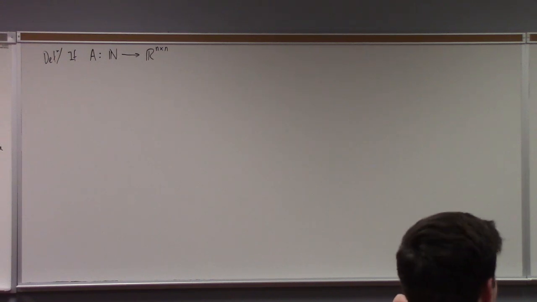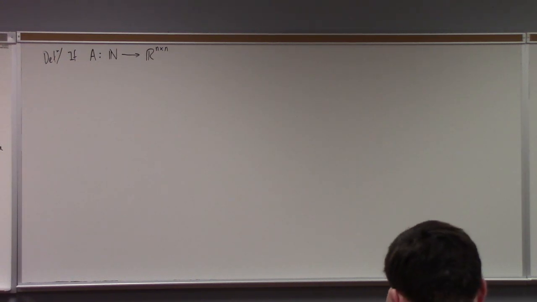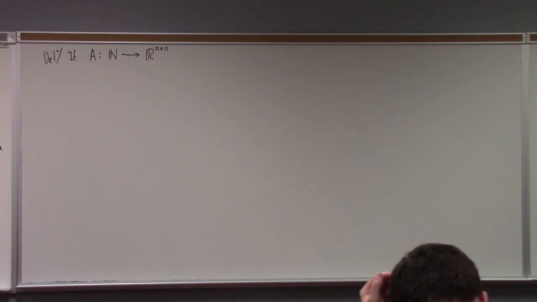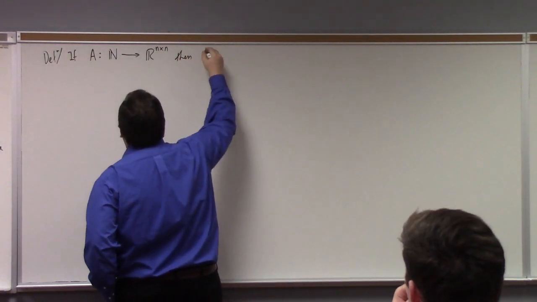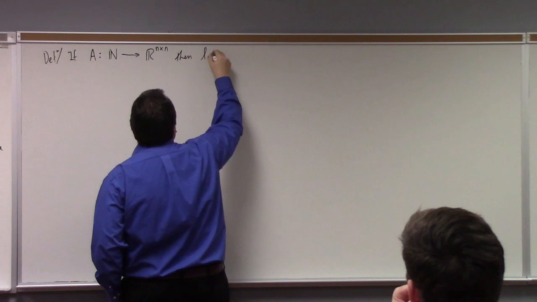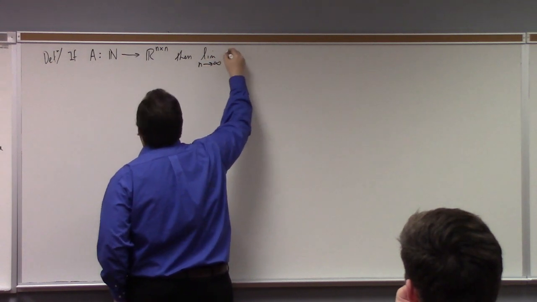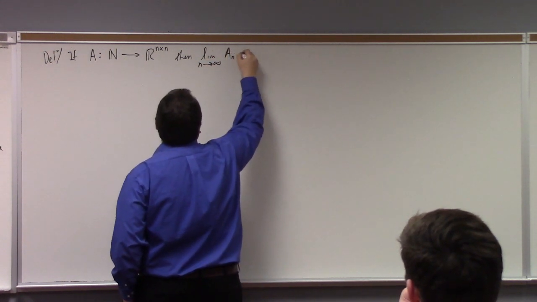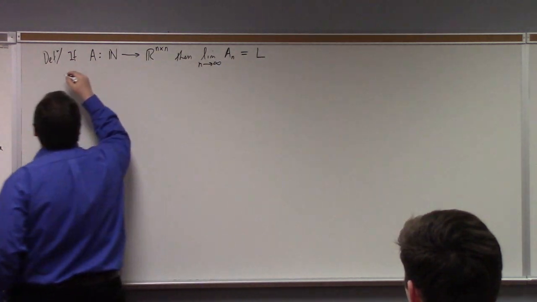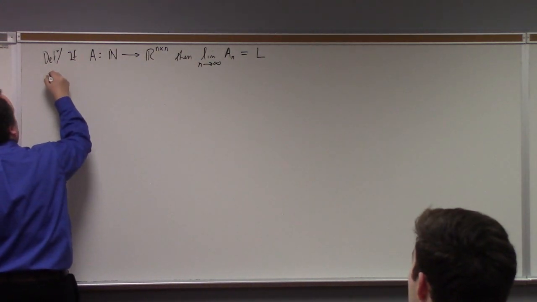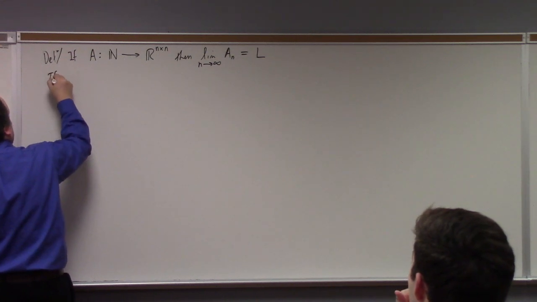So we're looking at a sequence of matrices. What would it mean for this to have a limit? It converges, okay, great. The limit as n goes to infinity of, let's say, a sub n is equal to L if and only if what?